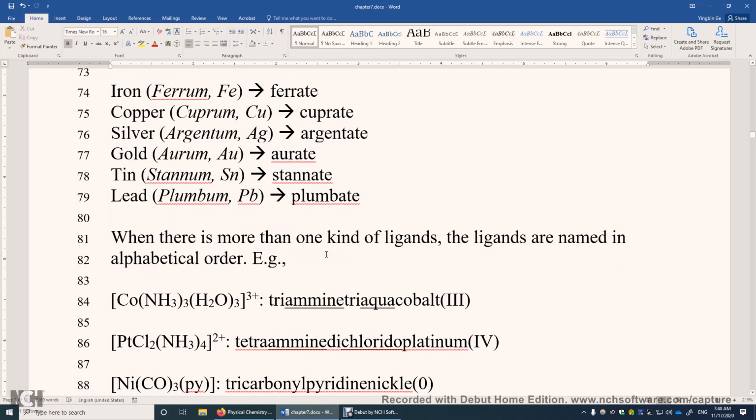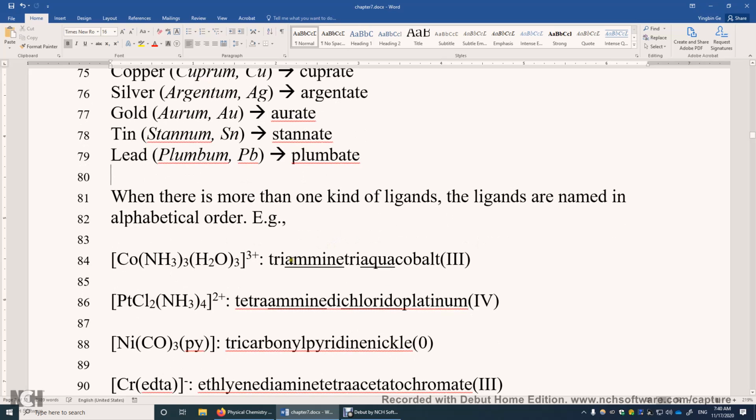When there's more than one kind of ligand, you may have a transition metal center bonded to several ammine ligands and several aqua ligands. Then in the name of the transition metal complex, the ligands are named in alphabetical order. So ammine is in front of aqua.